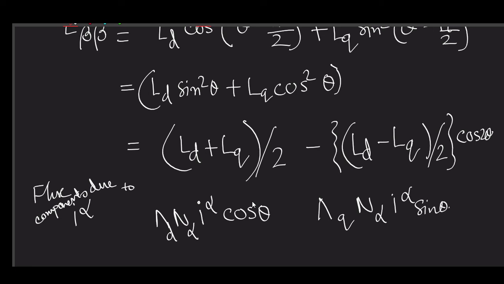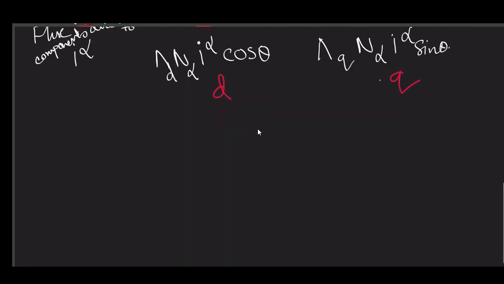This is I alpha current in D and in Q direction. So here the components in the direction of the axis of beta phase winding will be what?